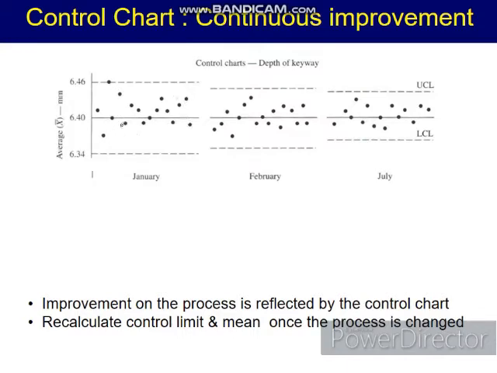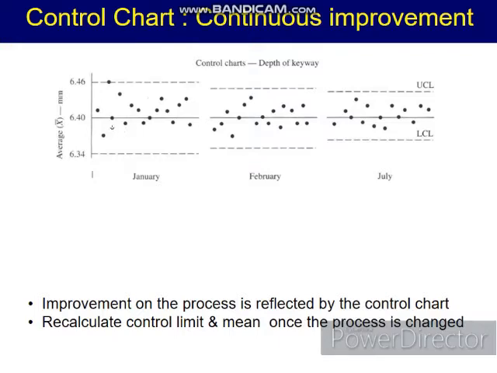Even though in general the process is all in control, it does not mean that you cannot do improvement, because variability is bad. You want to reduce variations as much as possible in your process.